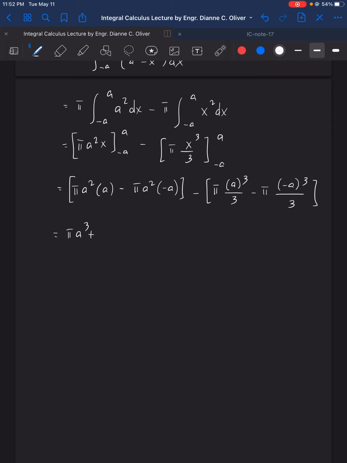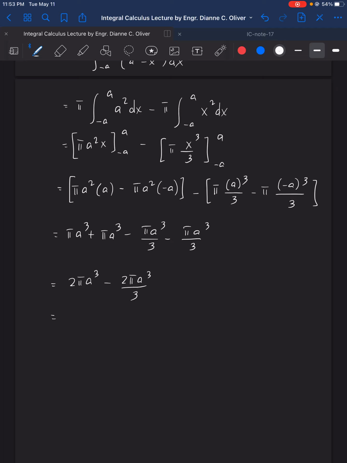This is pi a raised to 3 minus pi a raised to 3 over 3, minus negative pi a raised to 3 over 3. So this is equal to 2 pi a raised to 3 minus 2 pi a raised to 3 over 3.